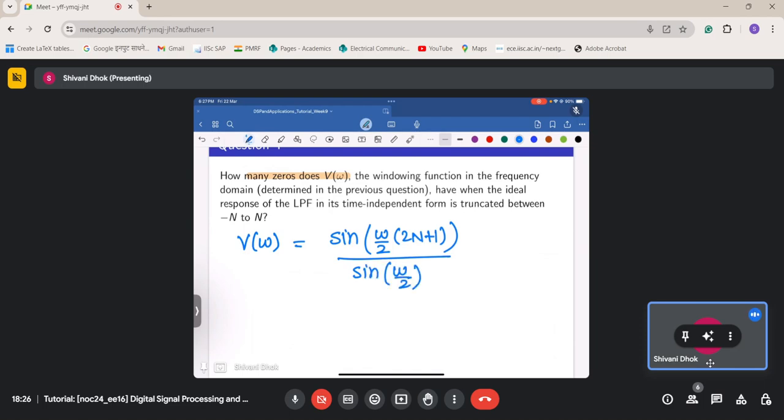So this thing we know. And another thing that we know is this omega belongs to minus pi to pi.